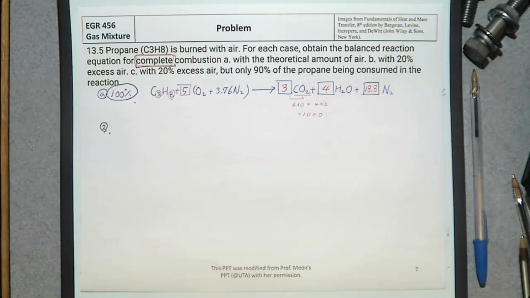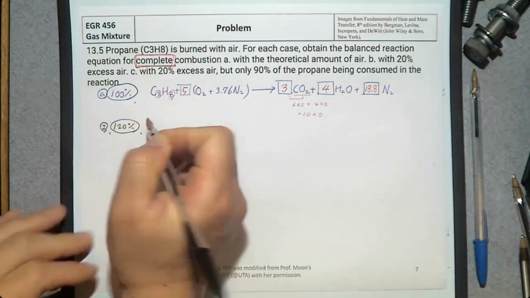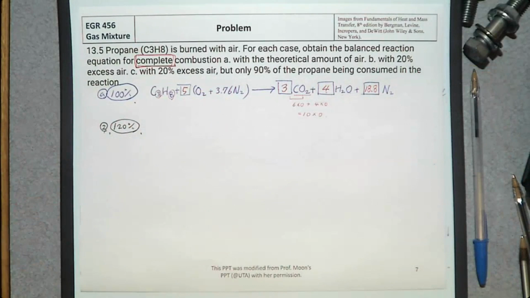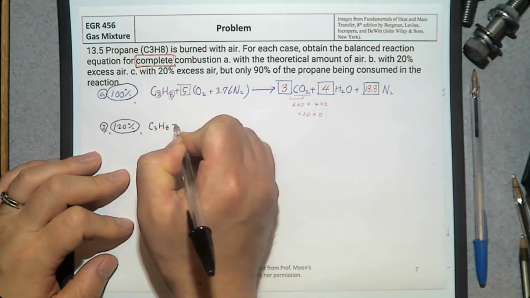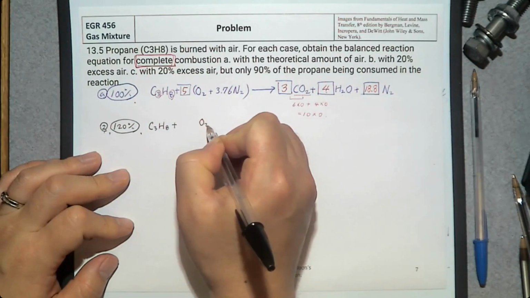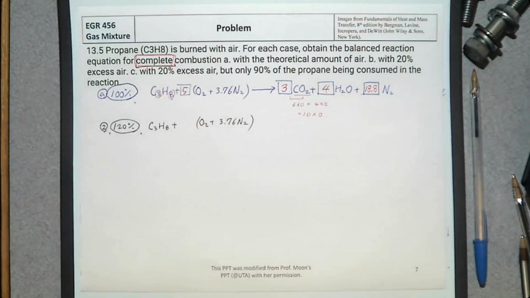So this time we are going to add 20% more air. So this is going to be 120% theoretical air. So we are starting from this 100%, the standard balanced reaction equation. So this time we have 120%. So 5 times 1.2, that's what we need. So C3H8 is going to react with oxygen and nitrogen, but this time we are providing 120% theoretical air.